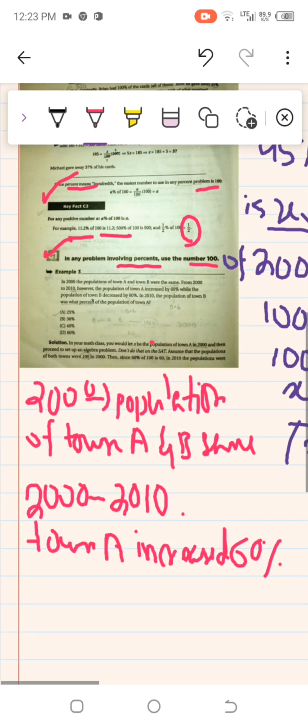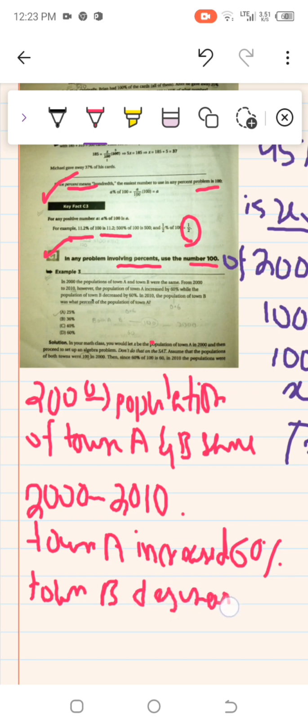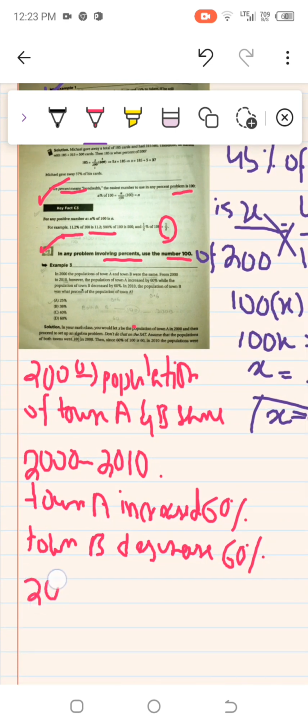So they are asking: in 2010, the population of town B was what percent of the population of town A? In 2010 they are asking, the population of town B was how much in percentage of the population of town A? Tell in terms of town A's percentage.